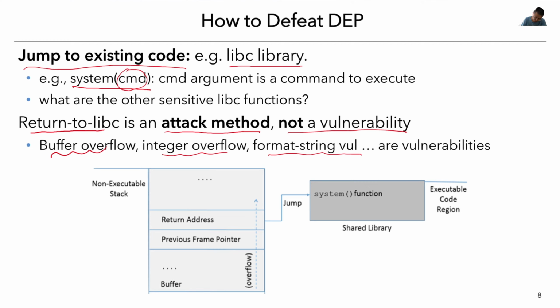So here we show a buffer overflow. It overflows the buffer and overwrites the return address, but instead of jumping into the shellcode, which we know is not possible with data execution prevention, now it jumps into the system function in the libc.